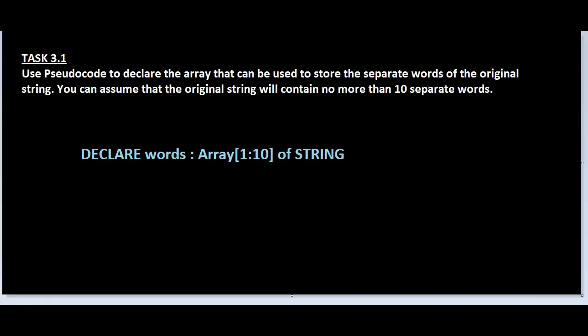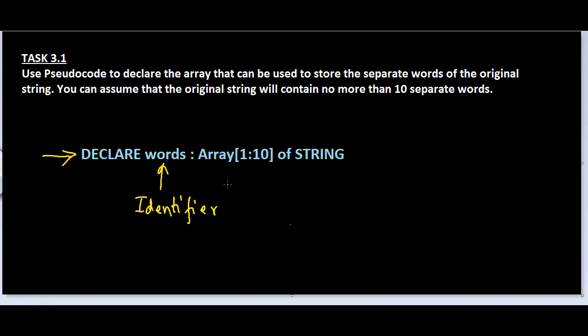This is how we declare an array in pseudocode. As you can see, we use the keyword DECLARE to start declaring any variable, and in this case we are declaring an array. This is the name of our array, also called the identifier.